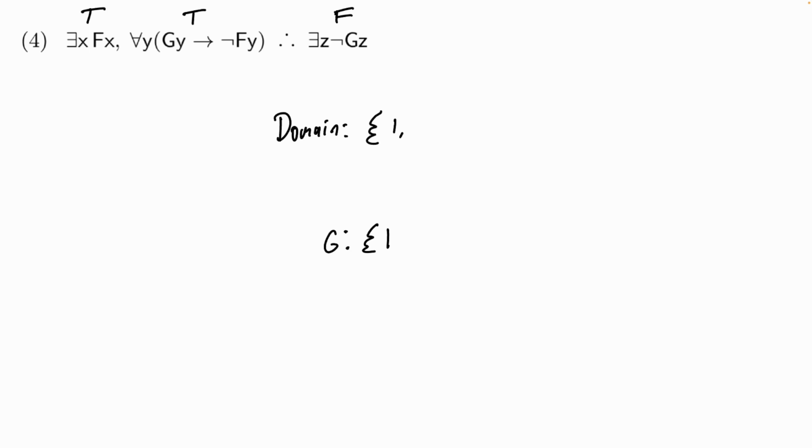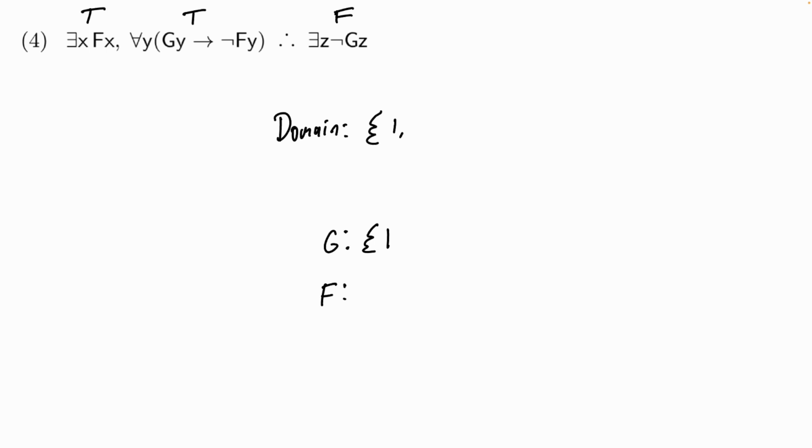So now that, for now at least, we have this being false, now let's try to make this premise true. Everything that's g fails to be f. So here, 1 is in the extension of g, so it can't be in the extension of f.